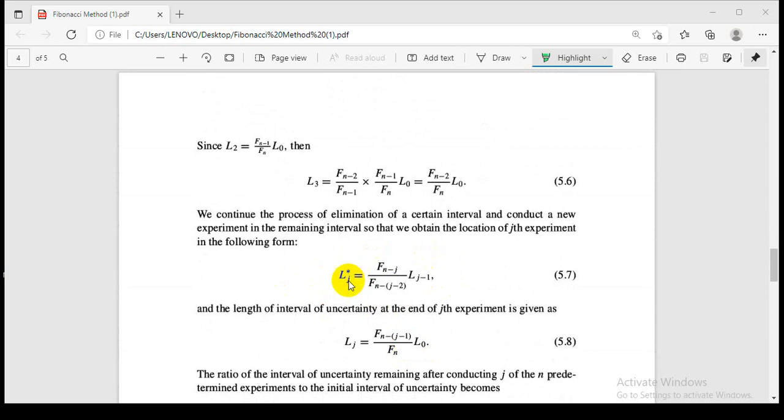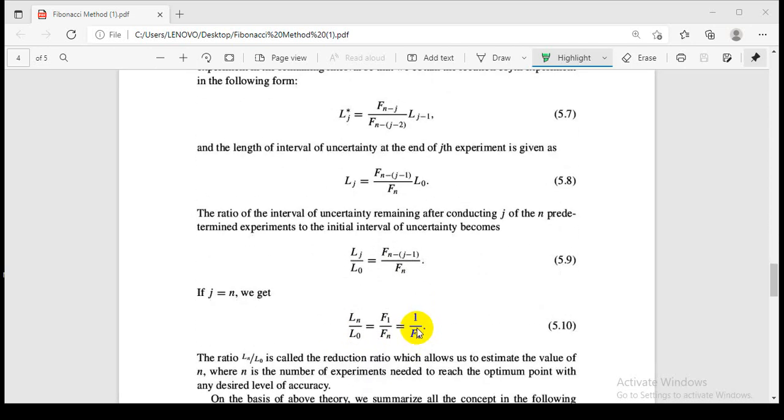Lj star equals Fn minus j over Fn minus j plus 2 multiplied by Lj minus 1, and Lj equals Fn minus j plus 1 over Fn multiplied by L0, and Ln over L0 equals F1 over Fn equals 1 over Fn.